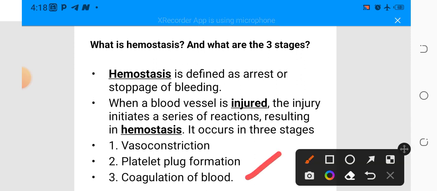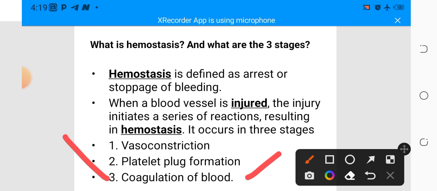And then we have coagulation of blood. This means formation of fibrin, a blood clot. It's a complete blood clot. It's the final stage of formation. That's why I'm going to talk about this in more detail. The formation of a clot involves 3 steps.